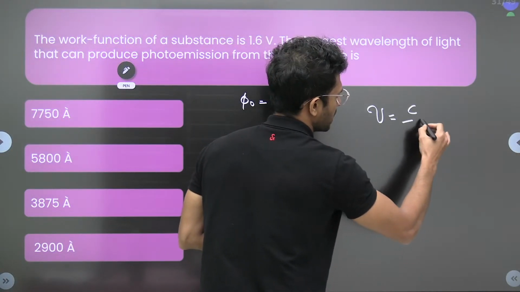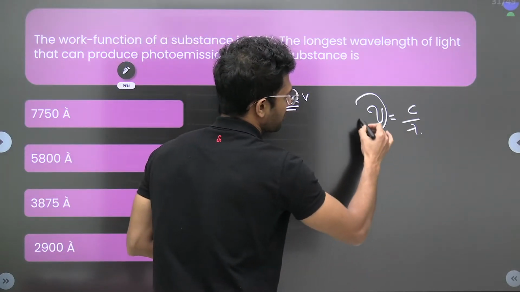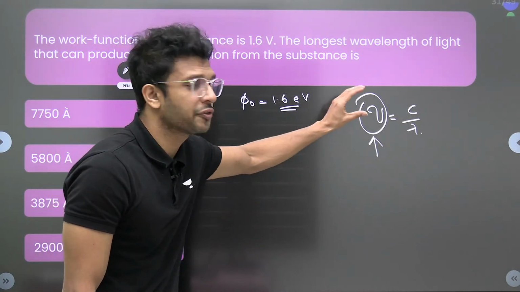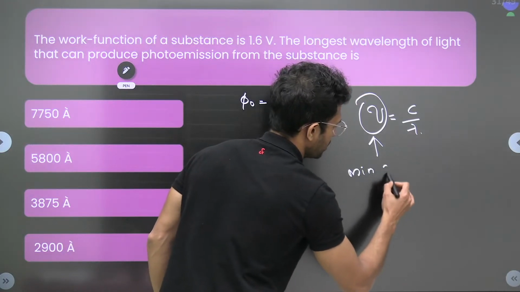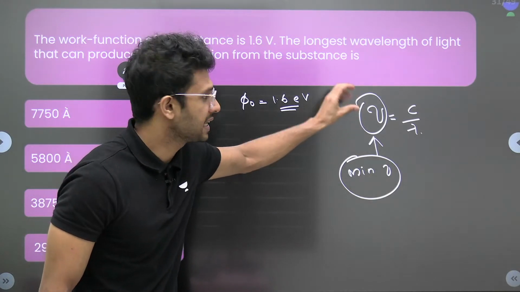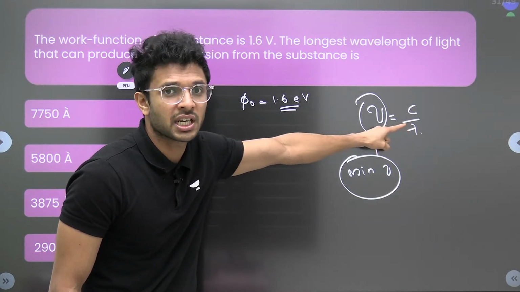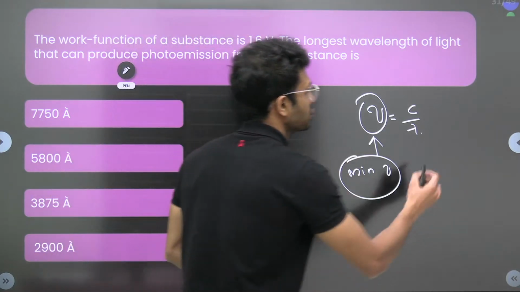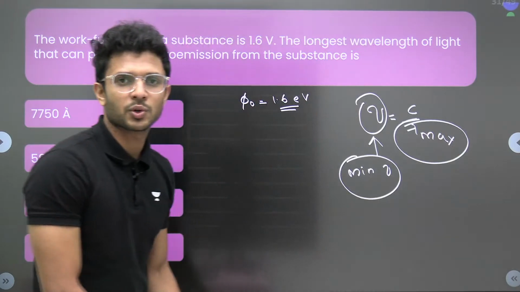Frequency is equal to c by lambda. And we know that photoelectric effect can only happen if there is a minimum value of frequency, right? There should be a minimum value of frequency for photoelectric effect to happen. So if the frequency is minimum, wavelength is inversely proportional. That means to have a minimum frequency, the wavelength should have the maximum value because it is inversely proportional.